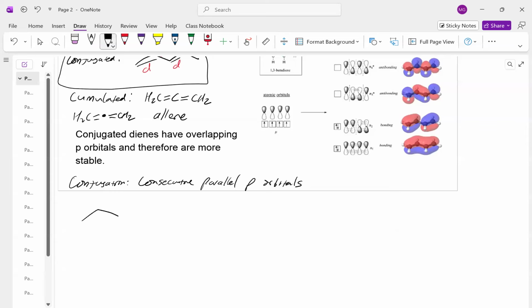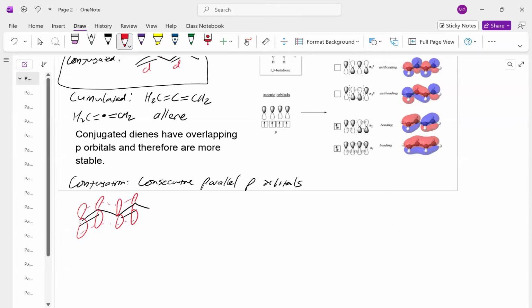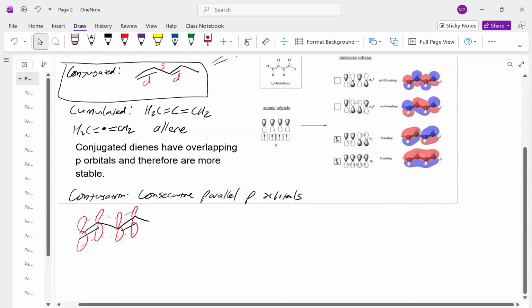So if we look at that conjugated system above, and I were to draw in the p orbitals, notice I have more than two, because that's just a regular pi bond, but I have these consecutive overlapping parallel p orbitals. If they're not consecutive, it doesn't count, like in an isolated diene. If they're not parallel, it doesn't count. Which is going to be the case for the allenes.